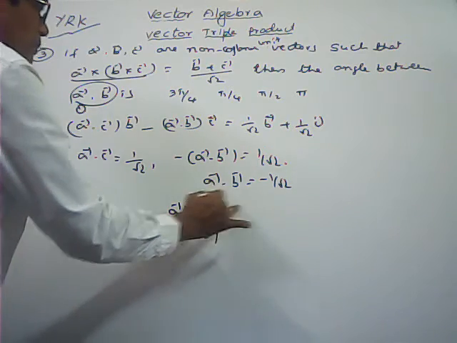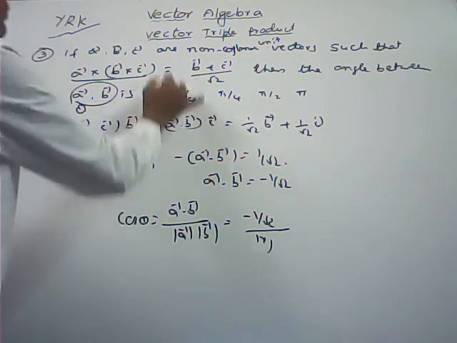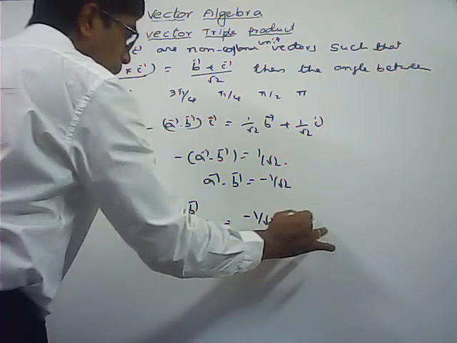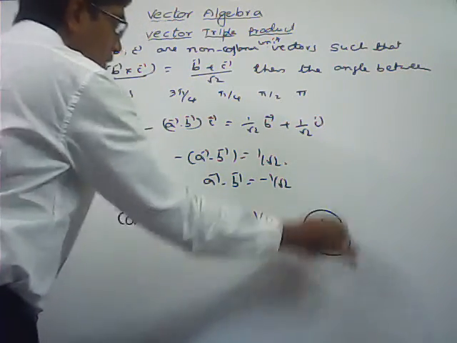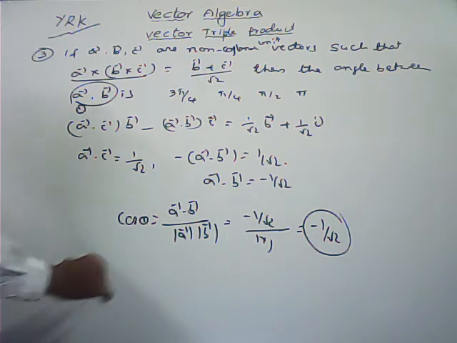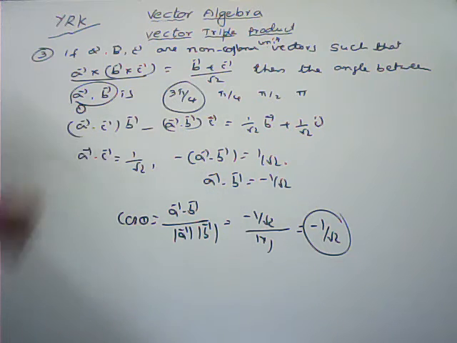A bar dot b bar, how much we got? Minus 1 by root 2, and these two are unit vectors only, modulus of a bar equals modulus of b bar equals modulus of c bar equals 1. So how much are we getting? Minus 1 by root 2. Negative in the second quadrant, pi minus pi by 4, that is 3 pi by 4. Cos 3 pi by 4 we can get minus 1 by root 2.